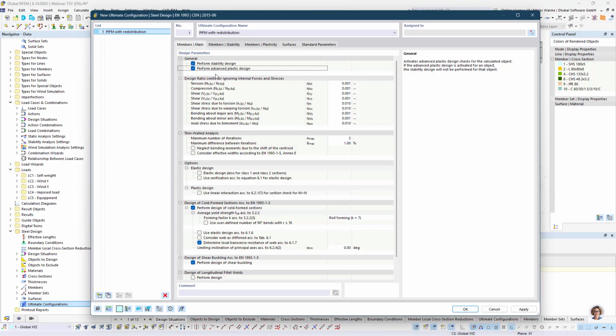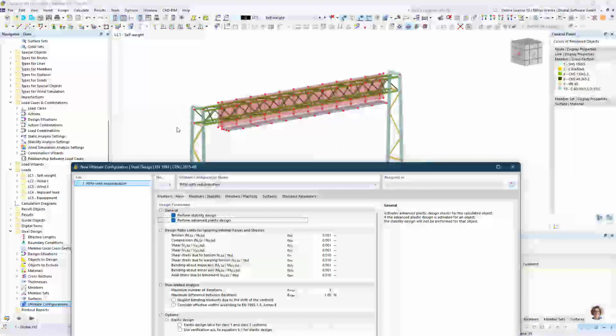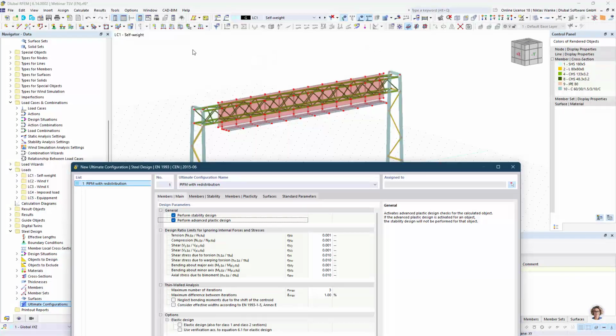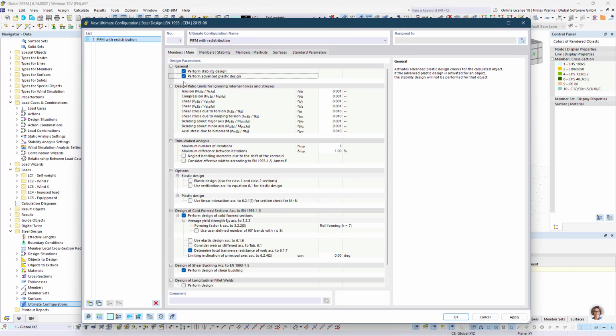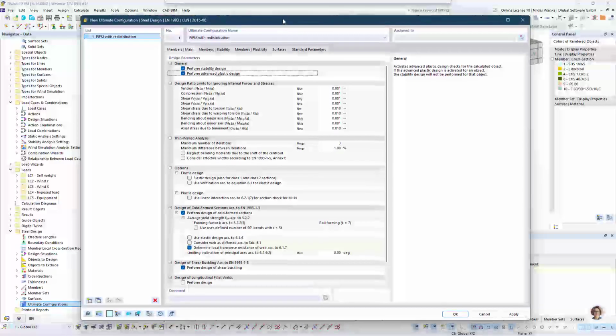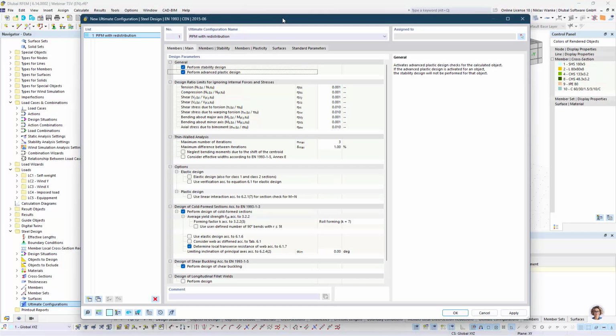This method means that I don't have to do stability design according to the standard, like equivalent member method or general method. I just model and calculate the structure in such a way that is so realistic that I can do the stability design together with the cross-section design. And yeah, this is the equivalent imperfection method.